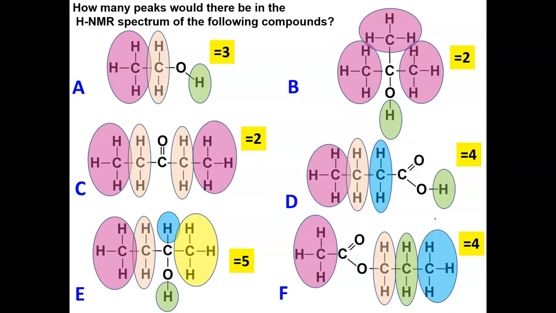E is also an alcohol, but of course this one is an isomer of butanol, and the number of environments this time is 5. The methyl group furthest from the OH, the methylene group next to that. We've got a solitary hydrogen coloured in blue, which is on the same carbon as the OH.